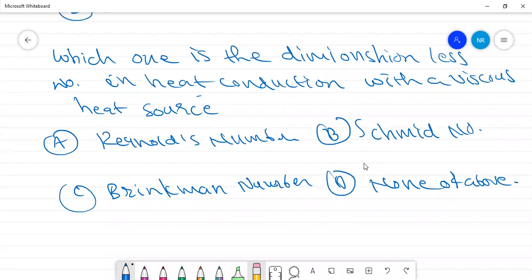You have to see in this theory that one number is there, then the correct answer will be the Brinkman number. What I did, I generated all these MCQs and pasted them in your exam source. You have to read the theory, and the question is asked from this theory.